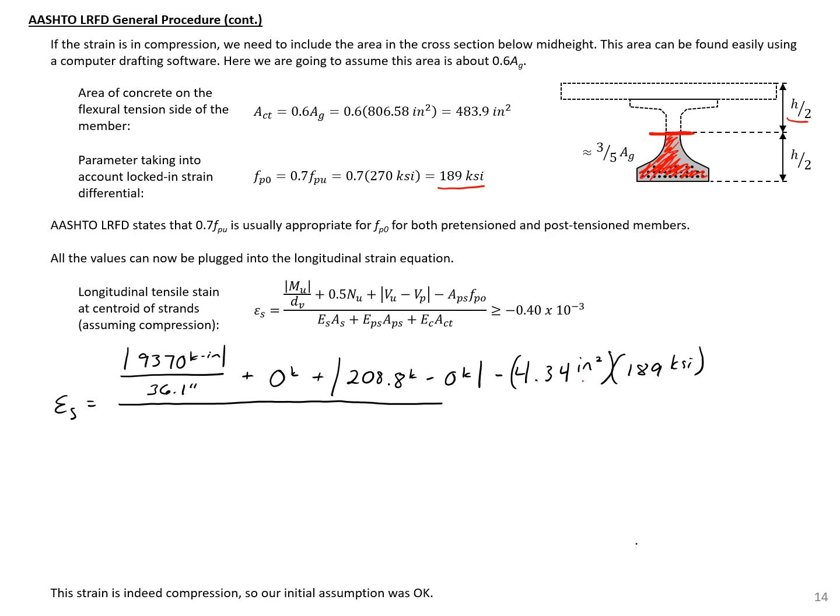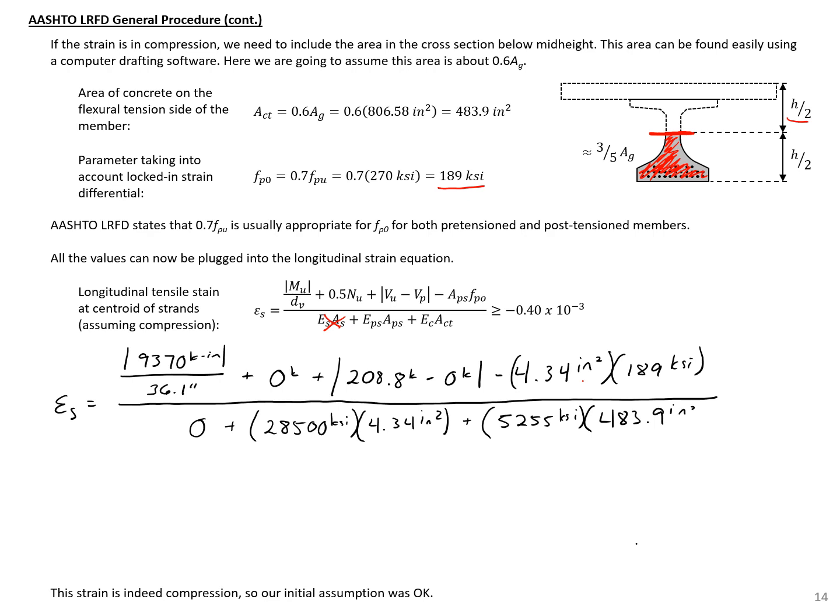So then we divide this by, we don't have any non-pre-stressed steel, so we'll have 0 for our first component, plus 28,500 times Aps, 4.34 square inches, plus the stiffness in our concrete, 5,255 ksi, times the area here, ACT, 483.9 square inches.